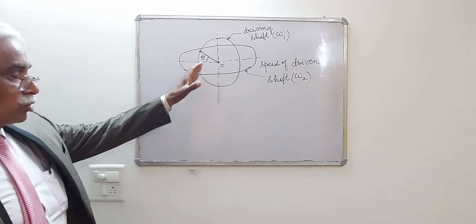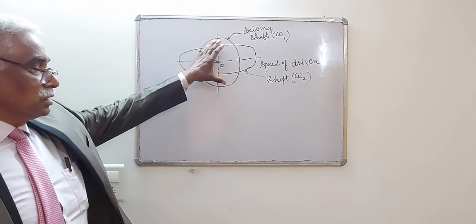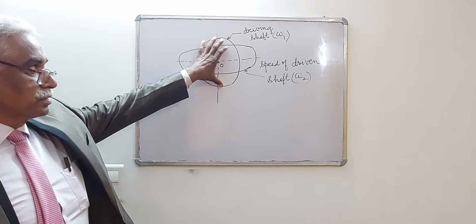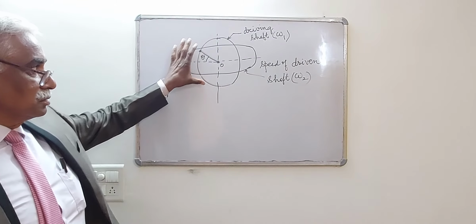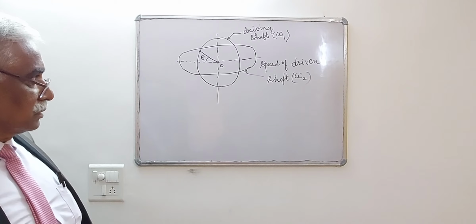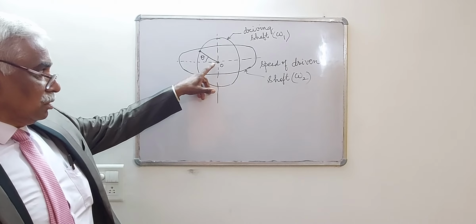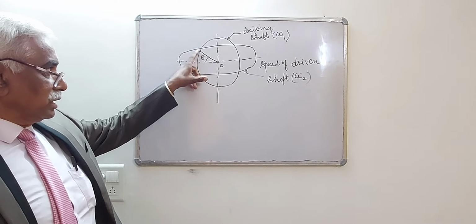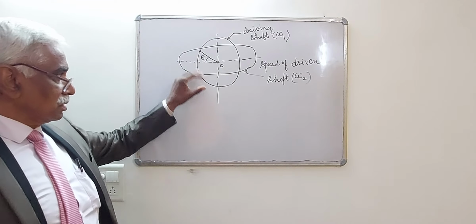Theta is the angle of rotation of the driving shaft. The speed of the driving shaft is constant, and so it is indicated by omega 1. So in this figure, OA is omega 1. The radius of this circle is omega 1.